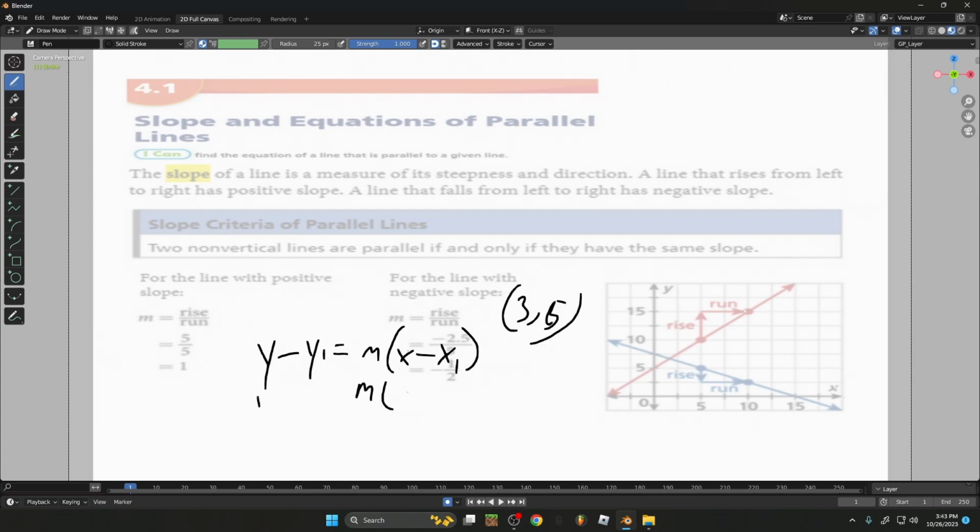So it would be y minus 5 equals your slope times x minus 3. Don't get confused because the 3 goes first here, but the 5 goes first here because it's y minus y1. See? Don't get confused there.